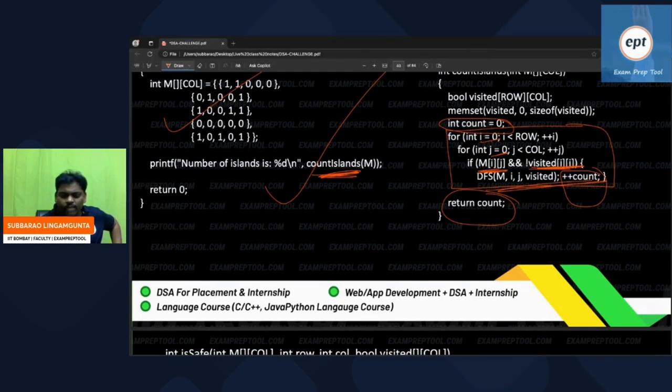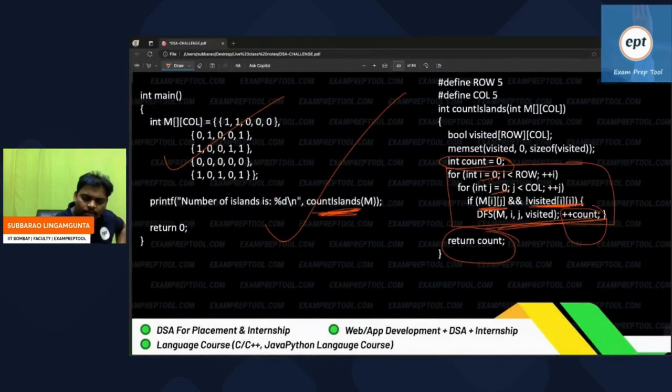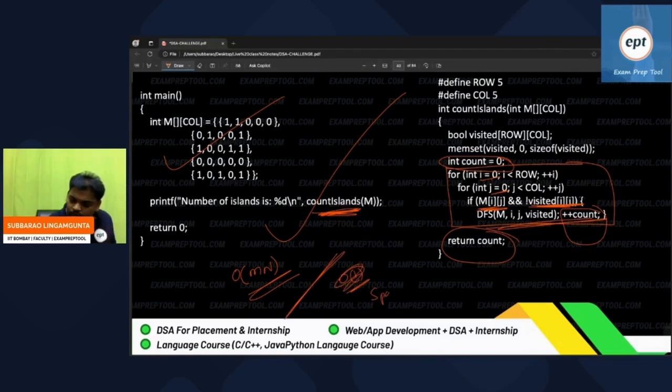Because one scan is going on, time complexity is order of m rows and n columns, that is, order of mn.